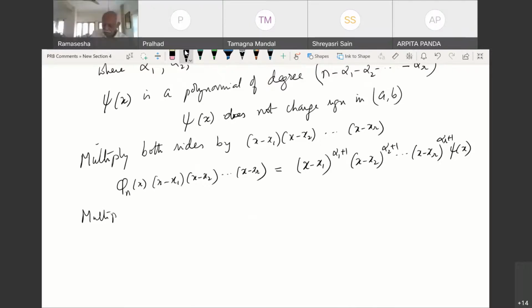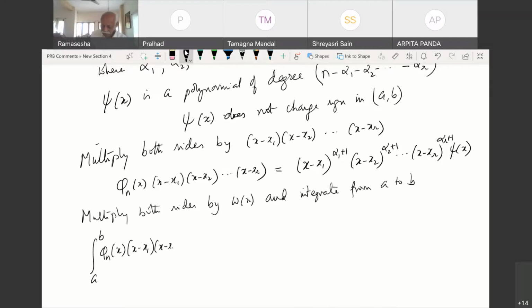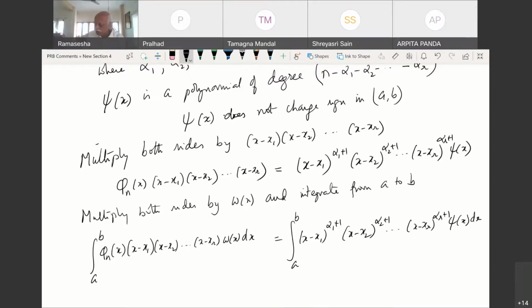The integral from a to b of P n x, (x minus x1), (x minus x2), up to (x minus xr), w x dx, is equal to the integral from a to b of (x minus x1) to the power alpha 1 plus 1, (x minus x2) to the power alpha 2 plus 1, up to (x minus xr) to the power alpha r plus 1, times psi of x, w x dx.